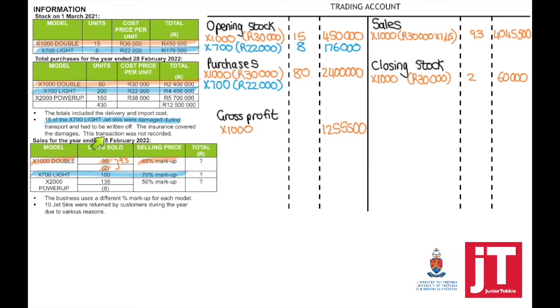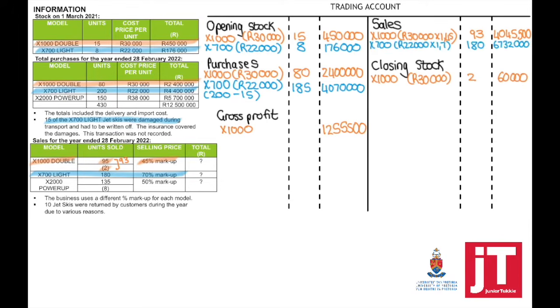The insurance covered the damages. This transaction was not recorded. So we need to show that 15 jet skis were damaged and written off. This is why we're going to take 200 minus 15, the number of jet skis, 185.